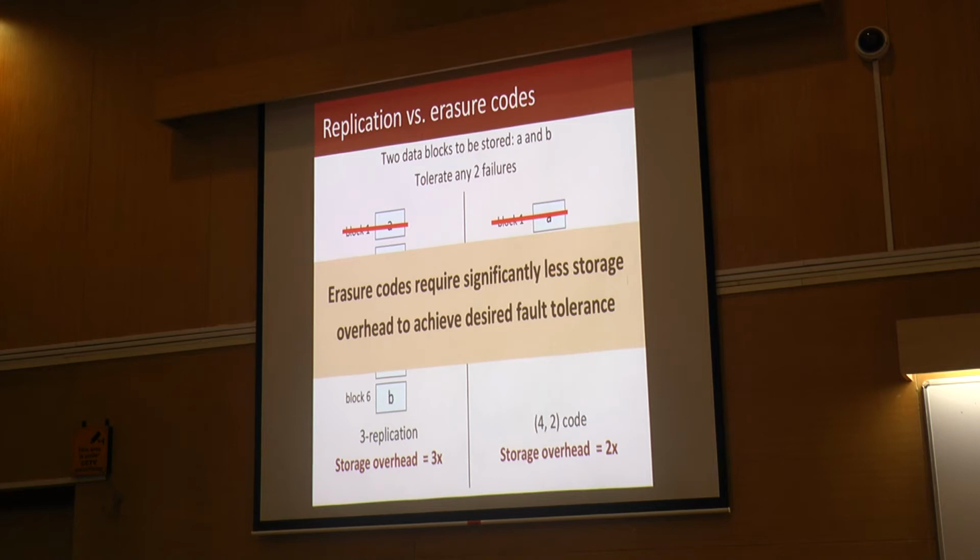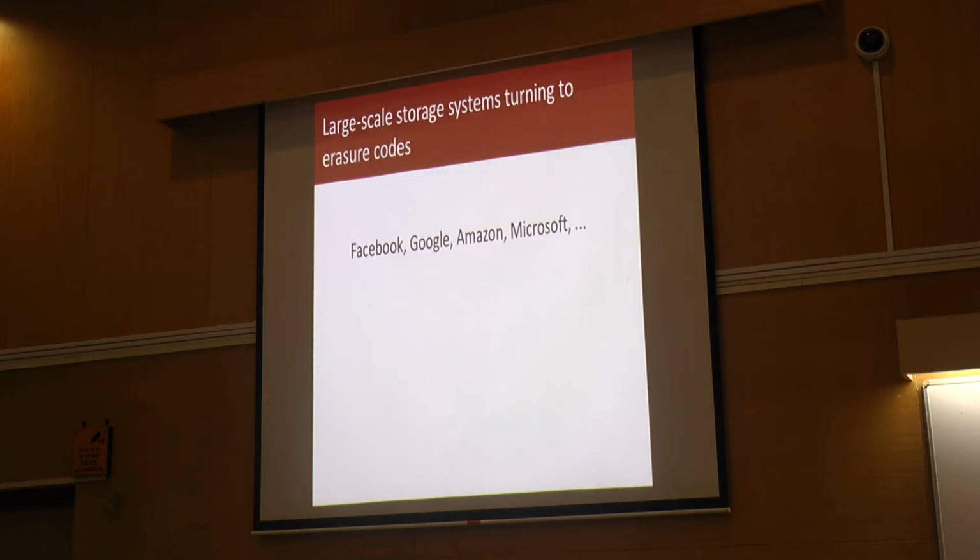So this was just an example. In general, it is well known that erasure codes require significantly less storage overhead in order to provide the desired fault tolerance. And for this reason, many large-scale storage systems, including those employed at Facebook, Google, Microsoft, Amazon, and any large company that you can think of, use erasure coding in their storage systems.